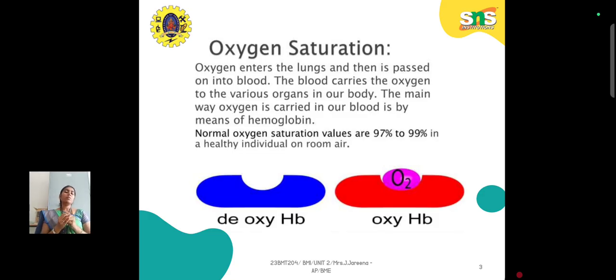So it is very important to ensure the oxygen saturation, by which we come to know whether the demand and the supply of oxygen are equivalent. Each and every organ, each and every cell, has its equivalent demand of oxygen for its function to work properly.